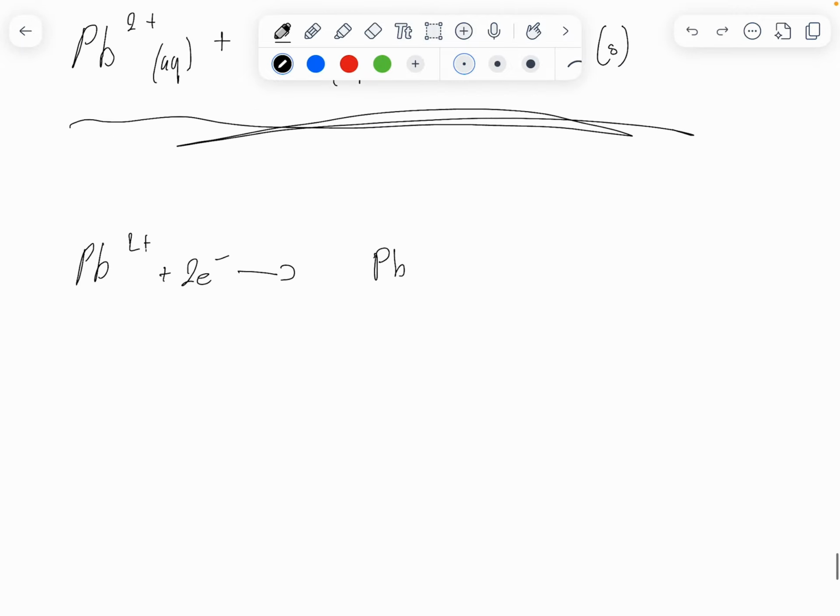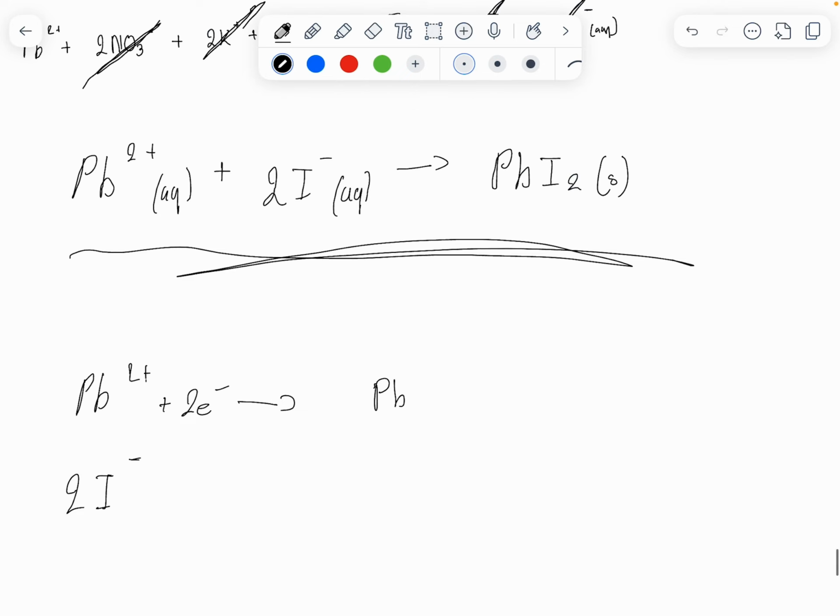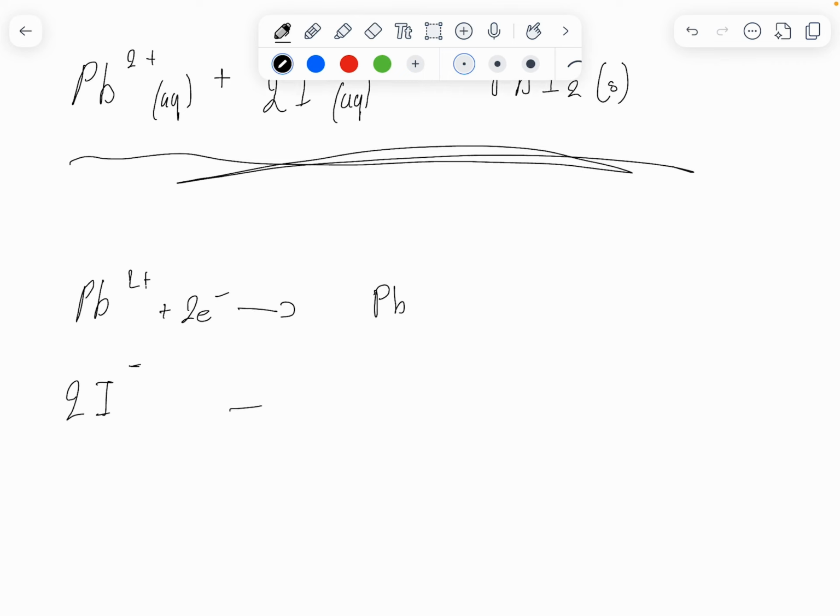Same thing with the iodine. 2I minus to get I2, so we add plus 2e minus.